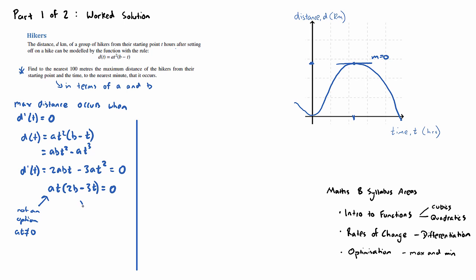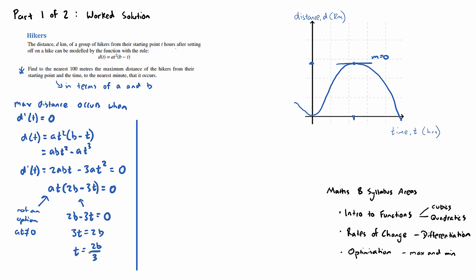So the right hand side, the one in the bracket, is what we're going to work with. 2b subtract 3t equals 0, rearrange and solve for t, 3t equals 2b, t equals 2b on 3.